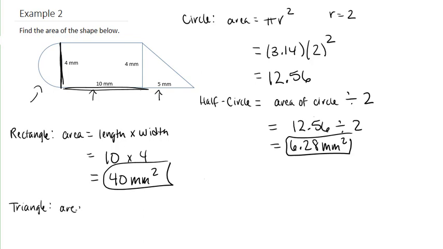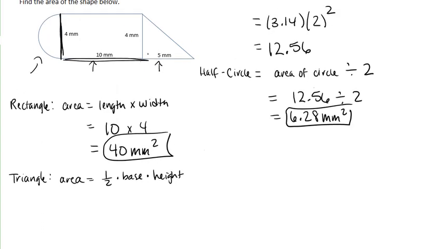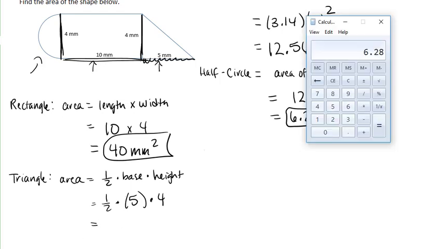So the area is 1/2 times the base times the height. So we can see that we have 1/2 times, so our base here is right here. So it's the 5. So we put 5 right there. And then our height is the 4. So what we can do is go 5 times 4 divided by 2, which is just 10.